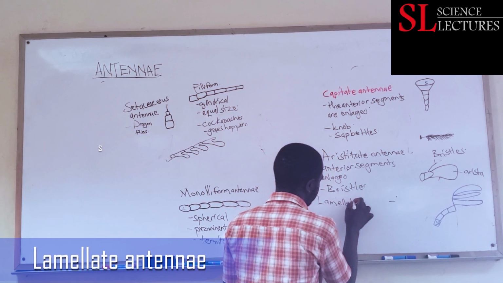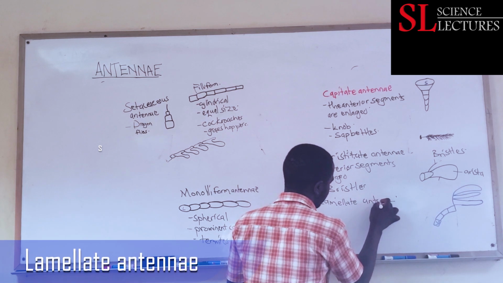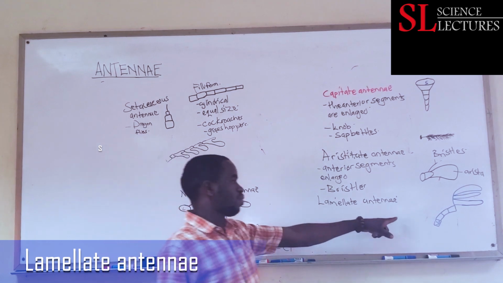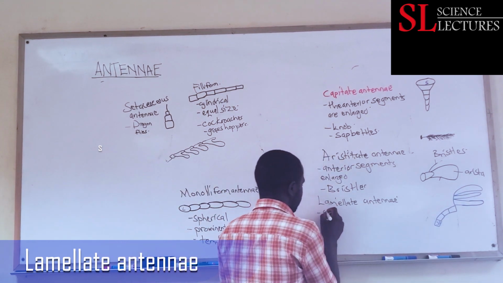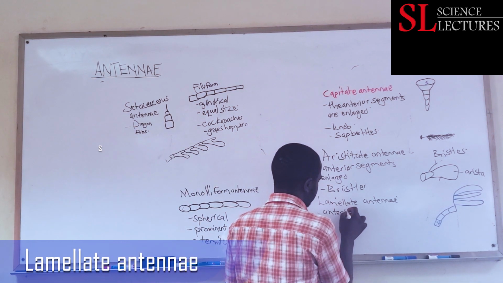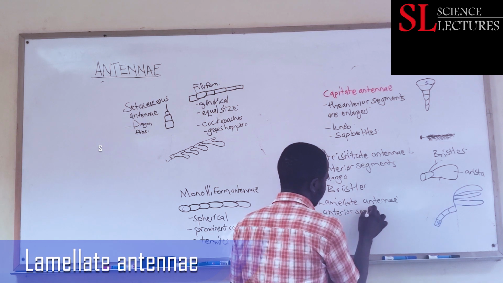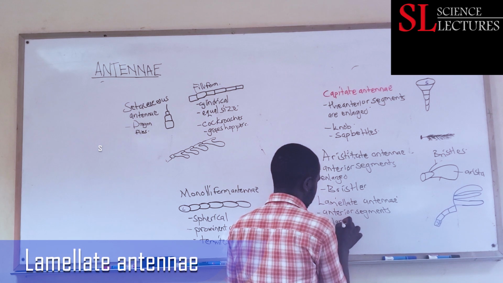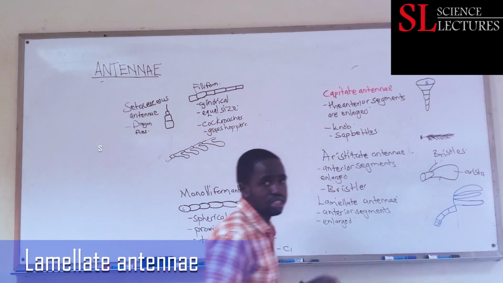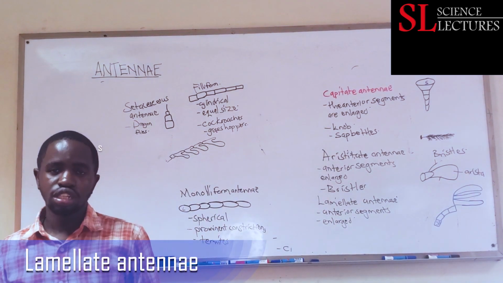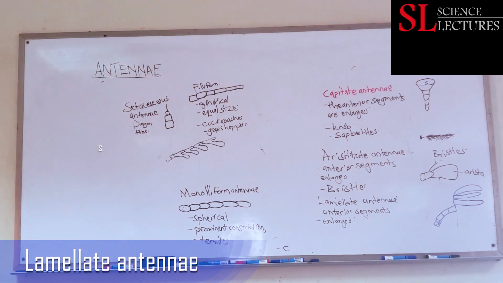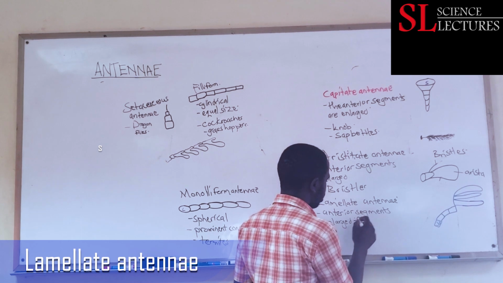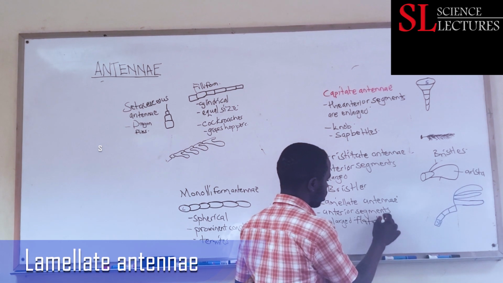Next, I want us to look at what they call lamellate antennae. Lamellate antennae are the type of antennae where the anterior segments are enlarged to form flat plates.